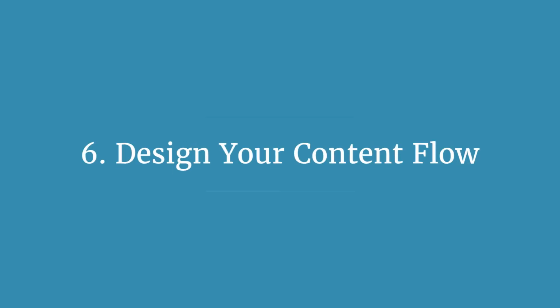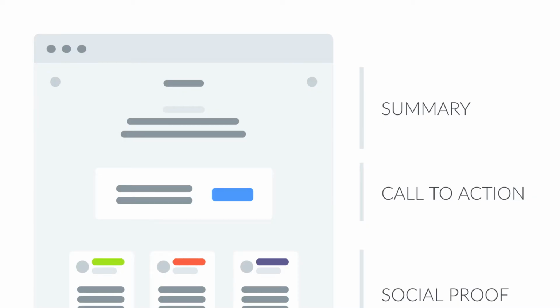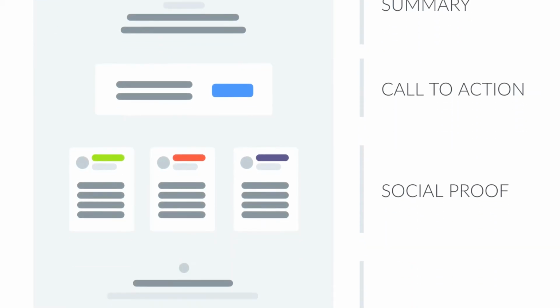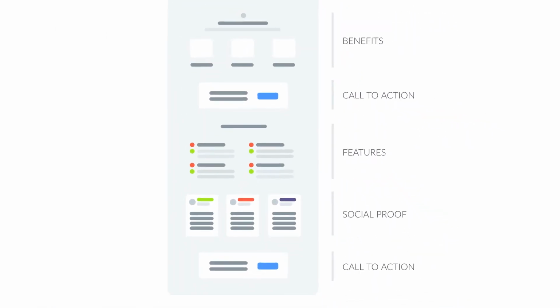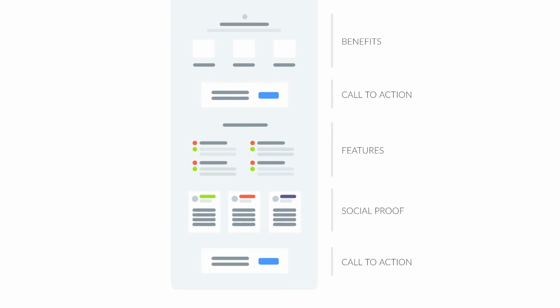The next stage is to design your content flow. Consider the flow of your content and how you're going to draw your people's eyes to essential page elements. So you want to start a page with your strapline that summarizes your offering. And then you want to focus on your benefits before moving into your features. And then throughout, you're going to want to sprinkle in your addressing objections alongside normally each critical call to action.